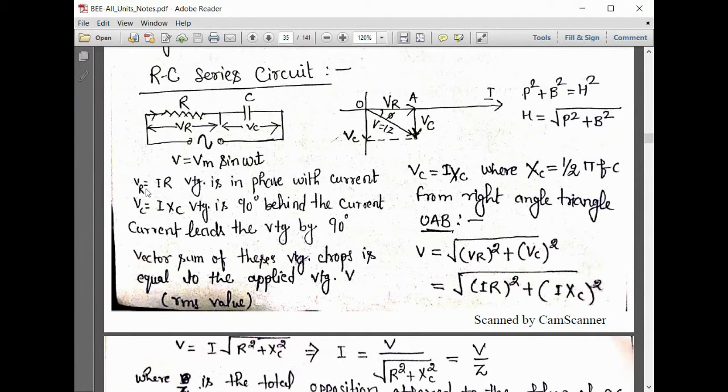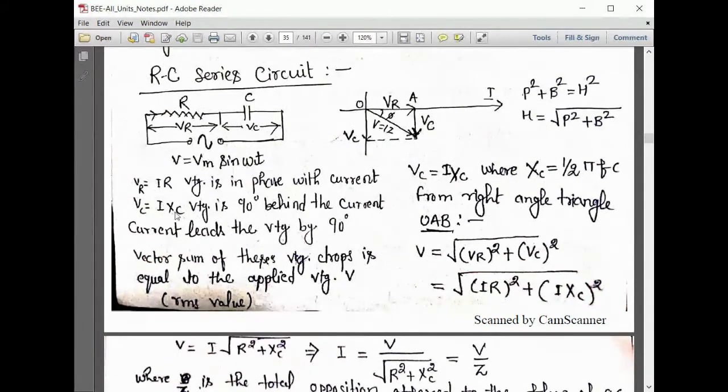According to Ohm's law, VR, this voltage is equal to I into R. Okay. So voltage is in phase with the current. This is a purely resistive circuit, and we can say the voltage and current are in the same phase in a resistive circuit. And this is your capacitive circuit, which we can represent as I into Xc.